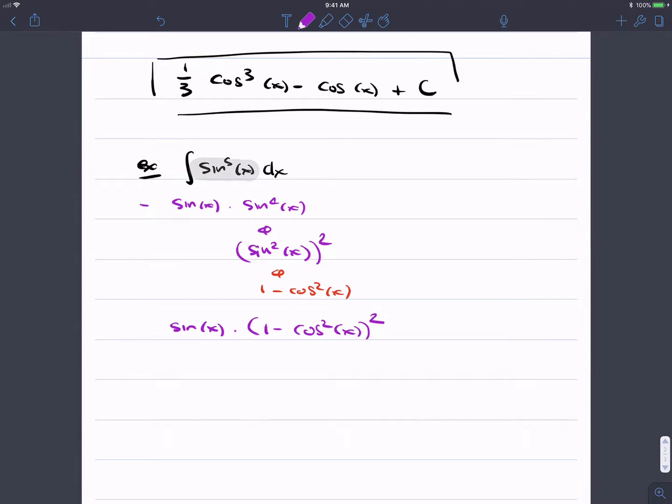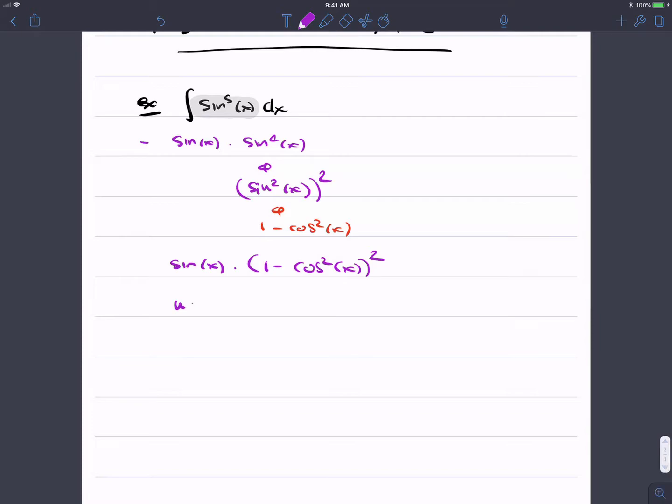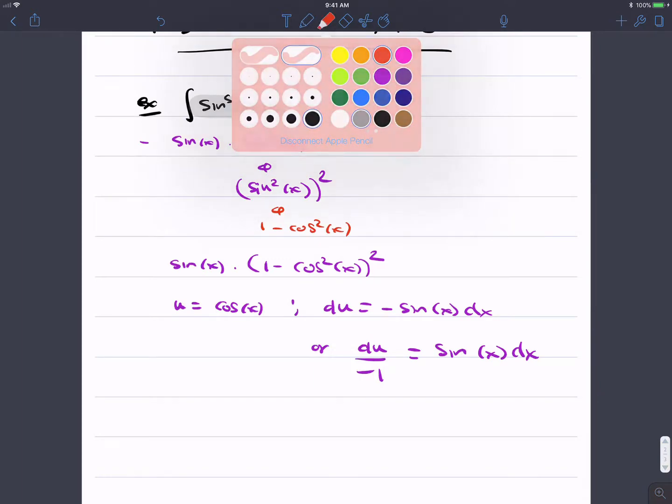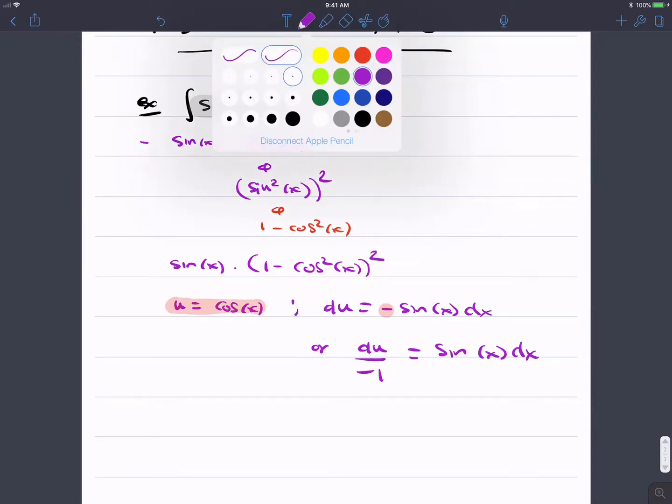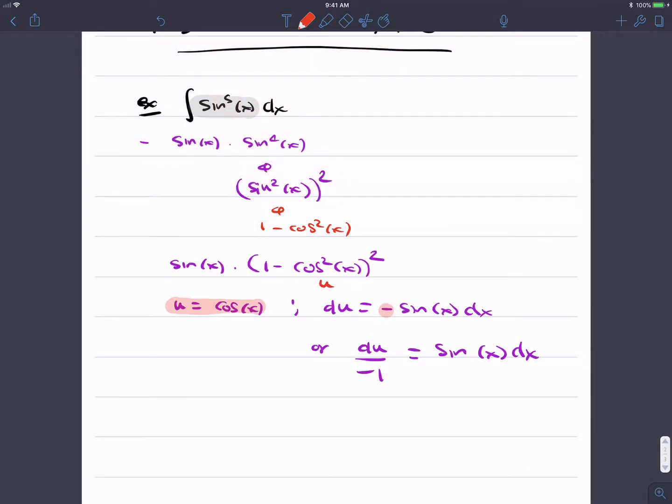Now at this point again, since we're using u sub, u is going to be cosine again, which means du is minus sine x dx. Or we can actually say that du over negative 1 will be sine x dx, if we just divide both sides here by negative 1. We're going to let u be cosine. So now I have my u here, and let's see what we get.